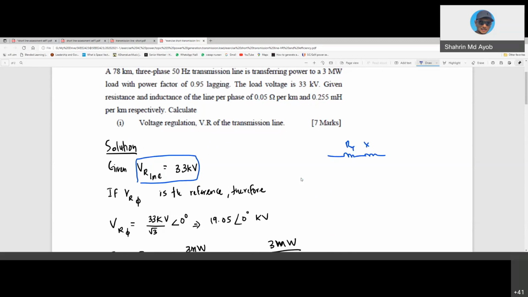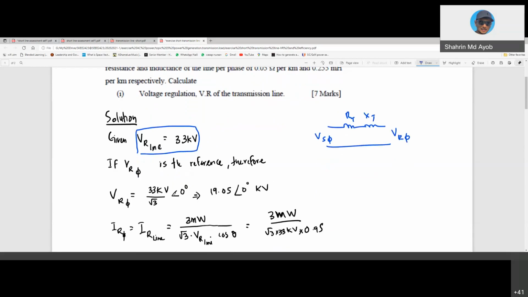So R total and X total, and this one is your VS phase, and this one is your VR phase. Converting this, you will obtain 19.05 kilovolt, and the angle must be set to 0 because VR phase is the reference.